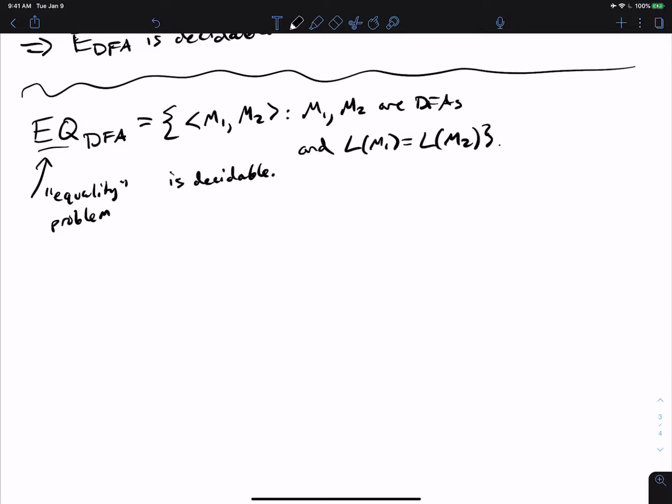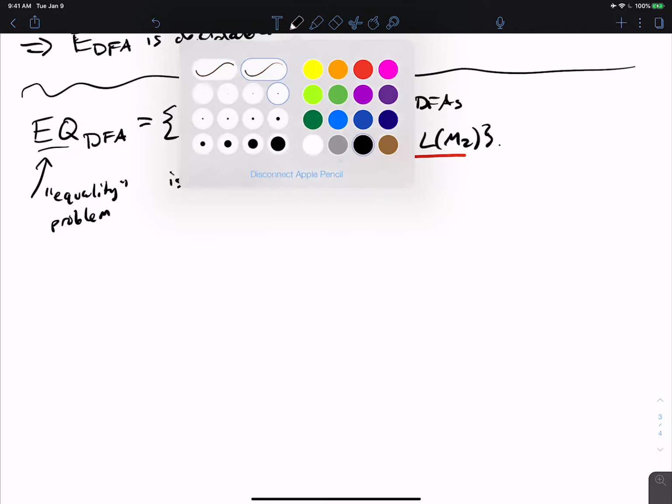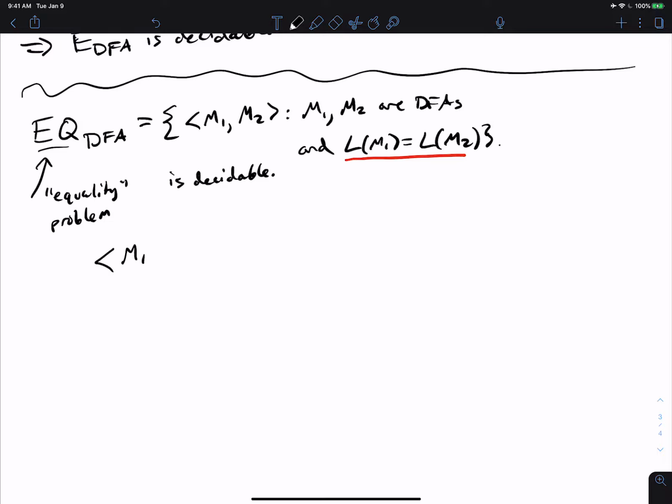So how would we actually solve this? And the way that you should view this is, look at what this is saying. What we're trying to answer is whether M1, M2, the representation of those 2 DFAs, is inside EQ DFA, if and only if the language of M1 equals the language of M2. And they're DFAs, but we'll just assume they're DFAs at this point.